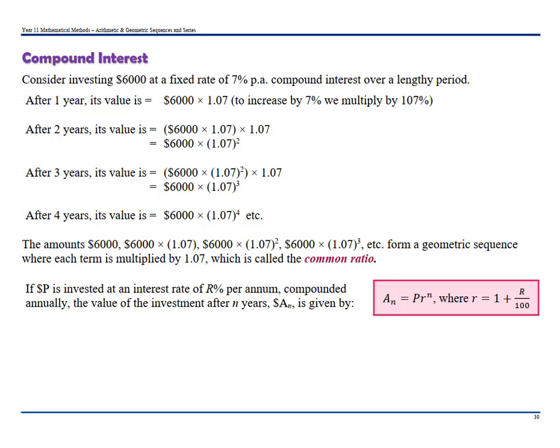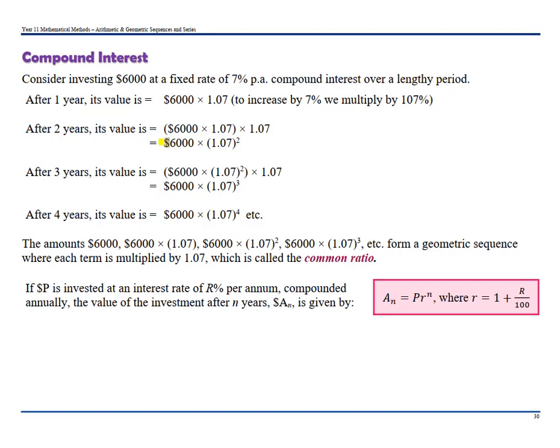Okay, so after 2 years, we've got that amount, our 6,000 times 1.07, and we need to times all of that by another 1.07. So that's essentially 6,000 times 1.07 squared. After 3 years, we're going to times that 6,000 times 1.07 squared by another 1.07.